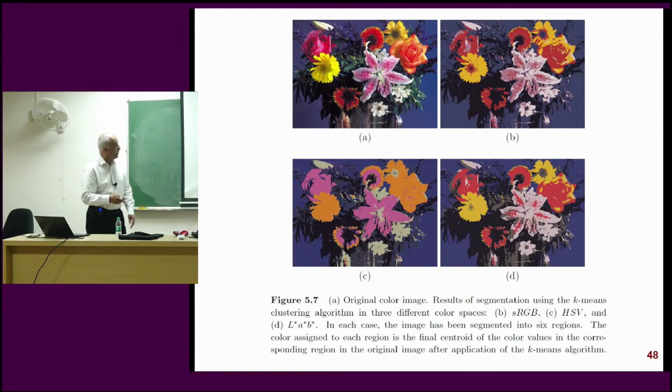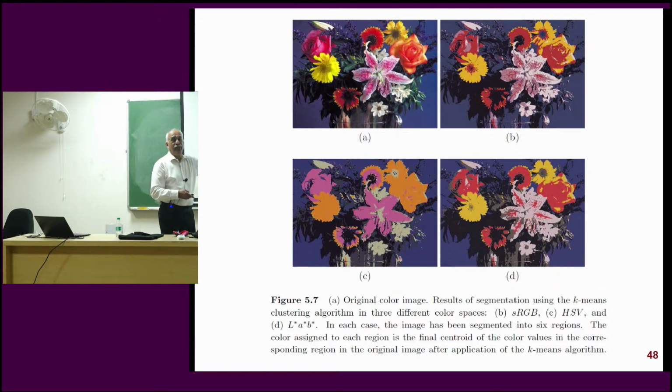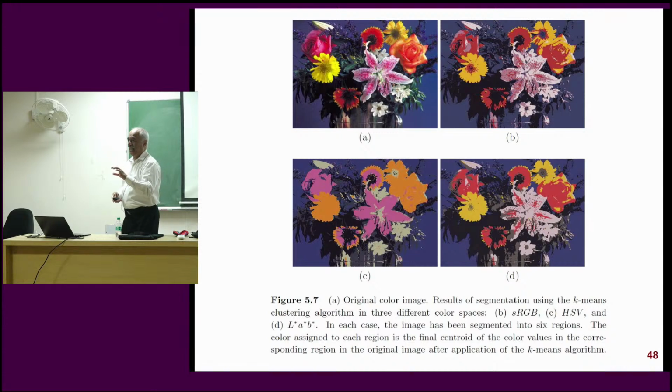So the observation is that depending on the color representation space that you use, RGB, sRGB, XYZ, or LAB, LUV, you may get different results. Which one is the best? You analyze and check, and LAB, LUV are supposed to be the best in terms of agreement with the human visual system.